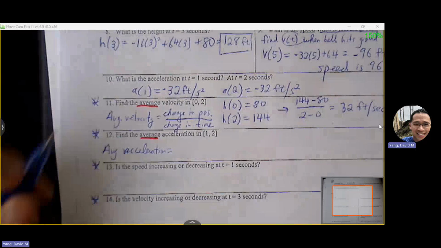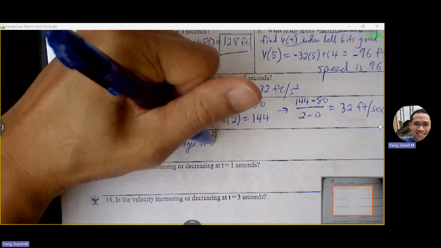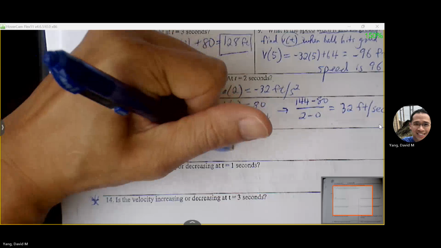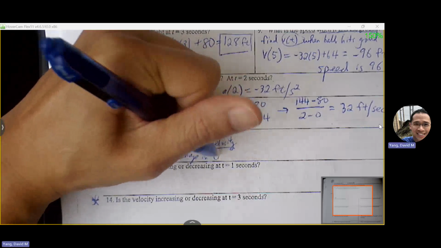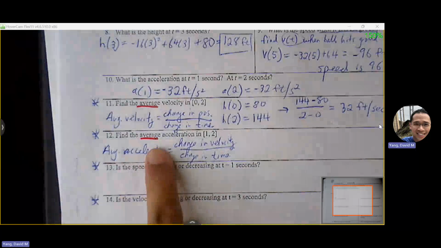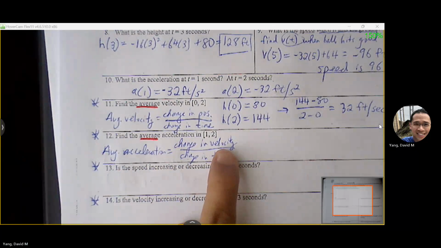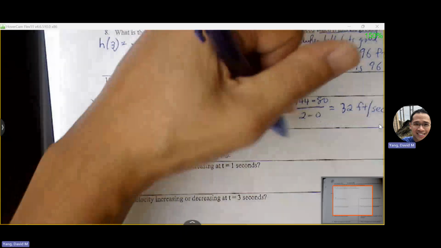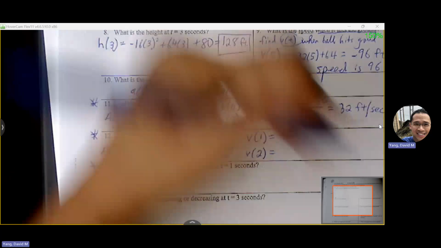It's defined as change in velocity over the change in time. So we're not going to use acceleration if we see average acceleration. We're going to use the velocity function. So we need to find the velocity at 1 second, find the velocity at 2 seconds, and just simply find the slope between those 2 points.